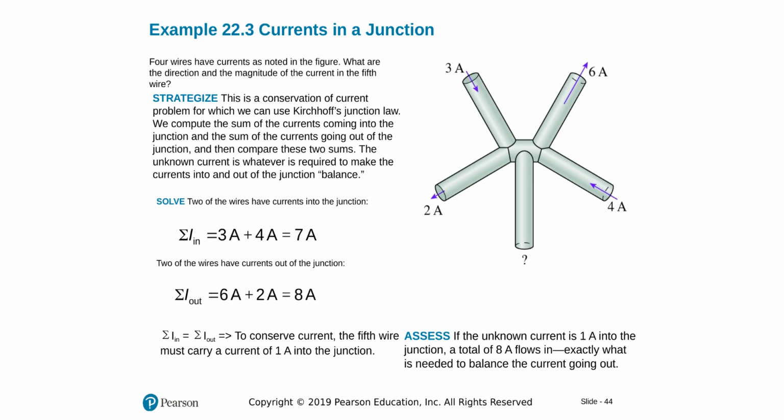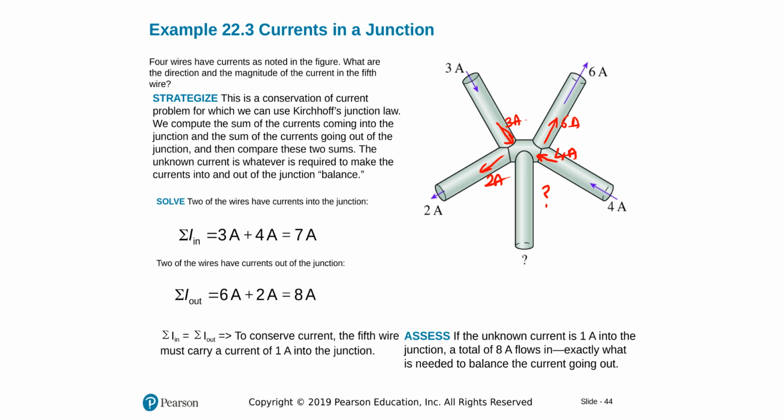We have incoming 3 ampere to this junction here, outgoing 2, 3 amperes, 2 ampere, incoming 4 more ampere here, outgoing 6. Again, what is this guy?